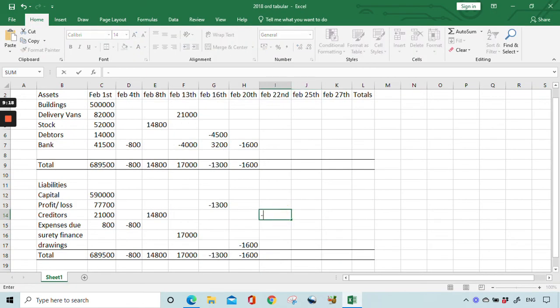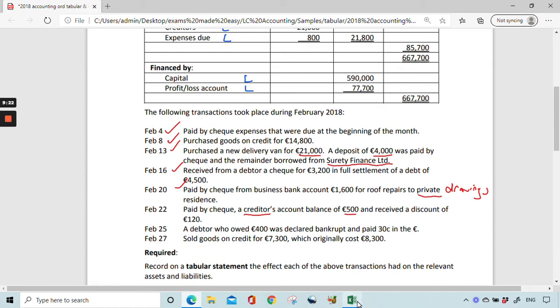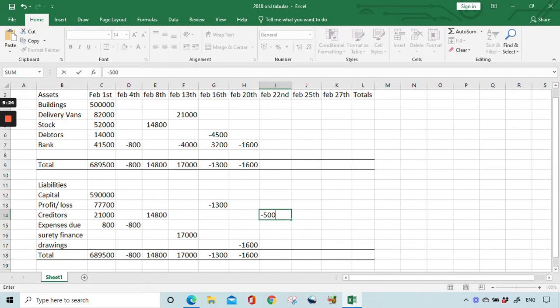You received a discount of 120, so that's good for your profit. So how much did you actually pay? 500 minus 120. Your bank account will go down by 380. So minus 380, minus 380. You owed 500, but you actually only paid 380.